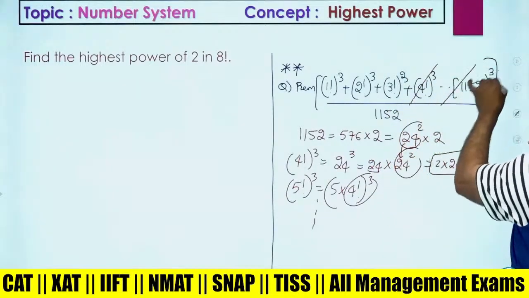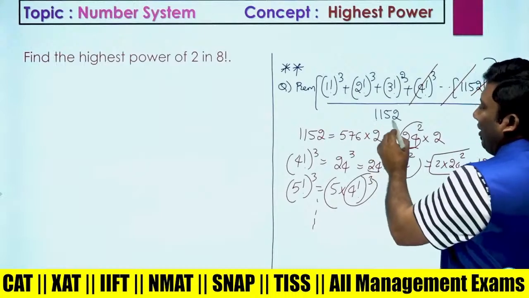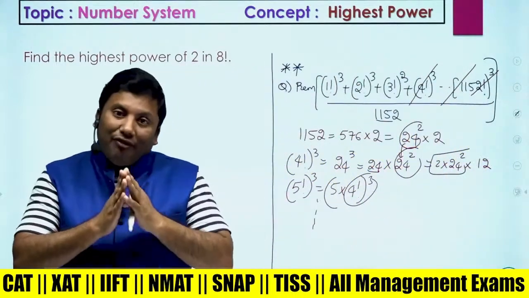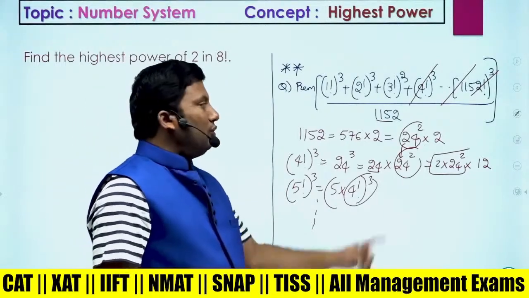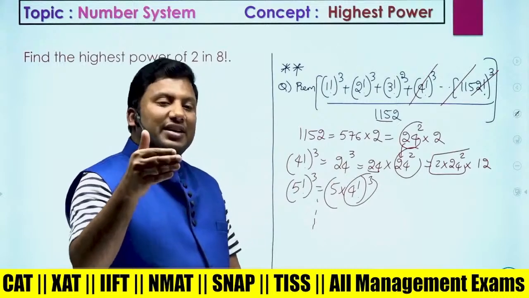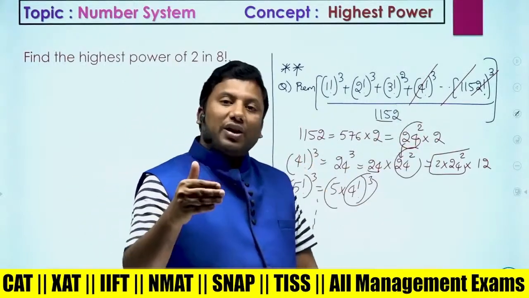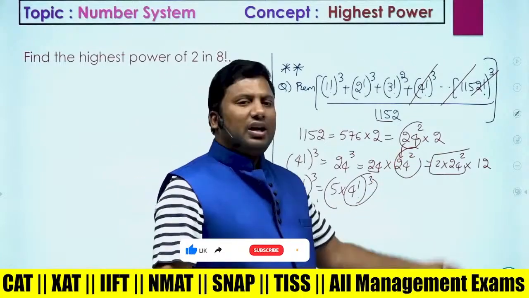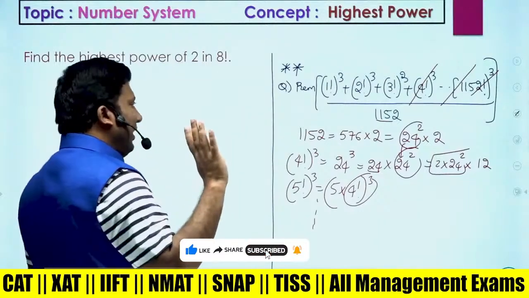From 4 factorial whole cube, all the numbers are divisible by 1152. 4 factorial is 24, and 24 cube is divisible by 24 square as well as 2. I hope the idea is clear.